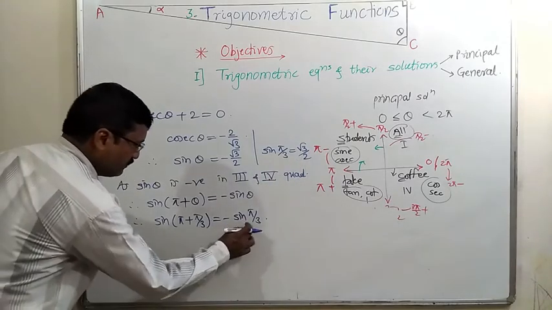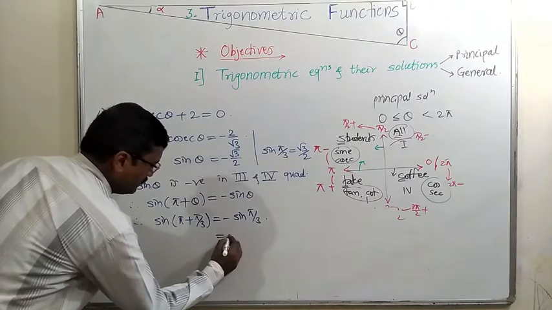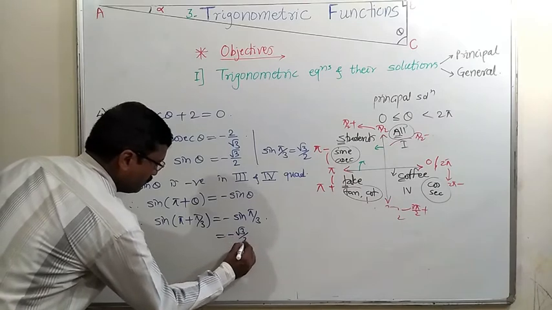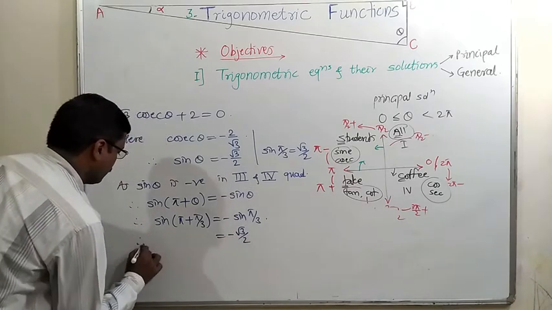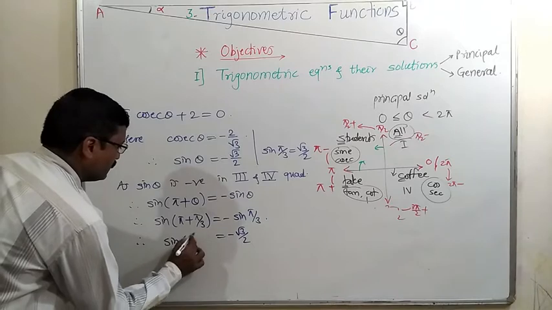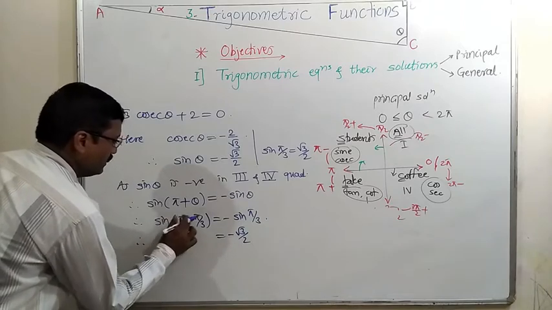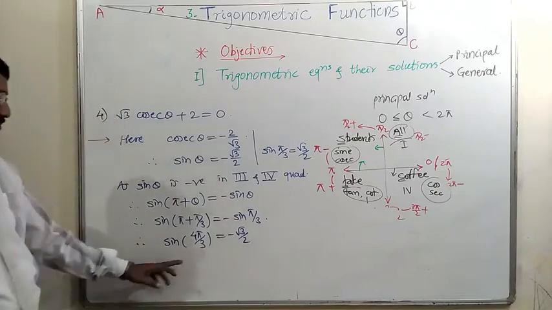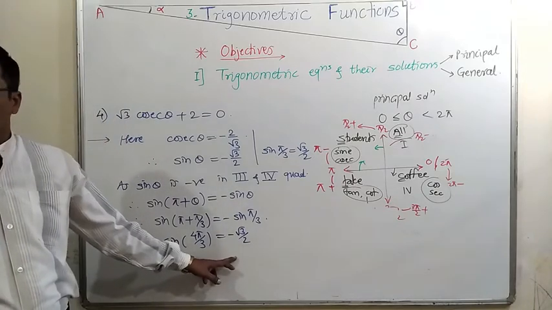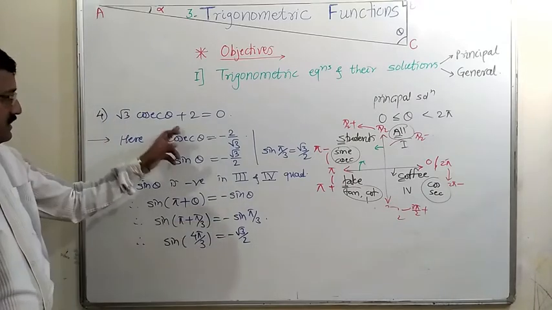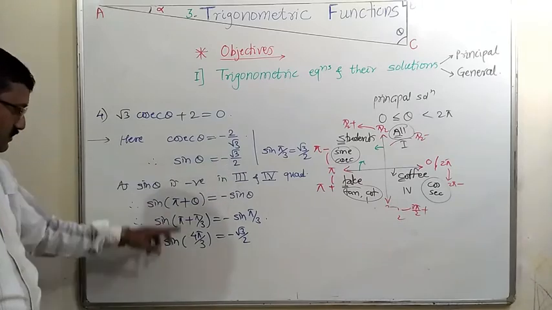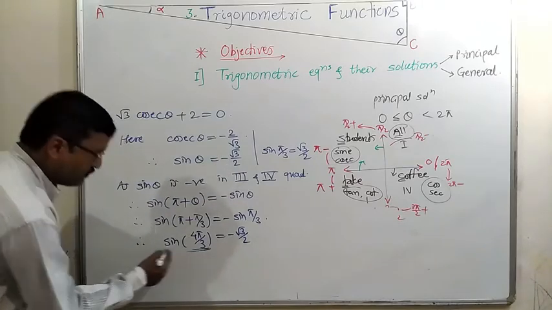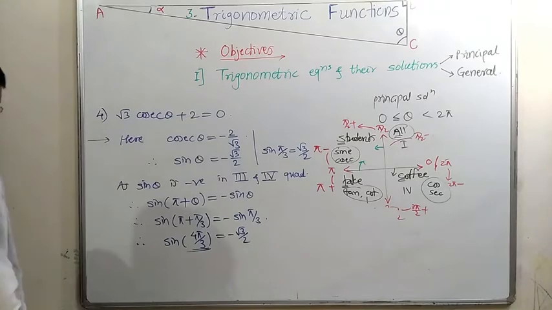So sin of this, minus sin pi by 3, is minus root 3 upon 2, and this will give us sin of pi plus pi by 3, that is 3 pi plus pi, that is 4 pi by 3. Sin of 4 pi by 3 is equal to minus root 3 upon 2. So we get the same number here to the right, and to the left we get angle 4 pi by 3, which is in the 3rd quadrant.